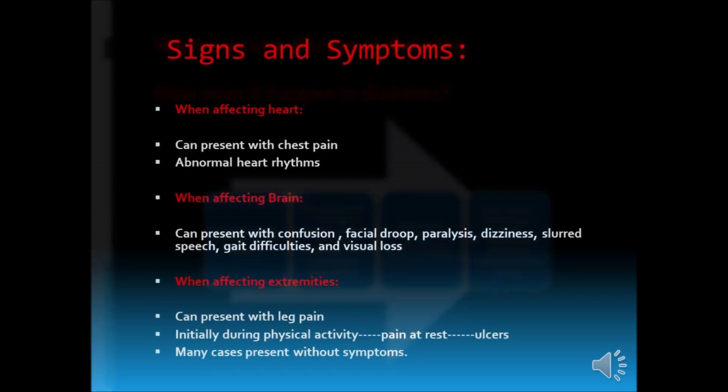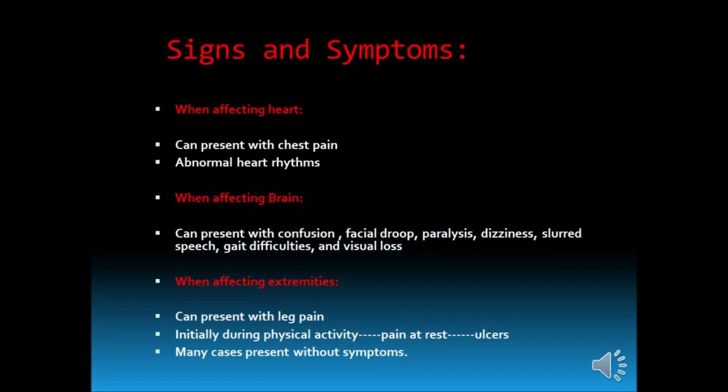What are the signs and symptoms associated with macrovascular complications? Meaning, how do they present? When affecting the heart, can present with chest pain or abnormal heart rhythms. When affecting the brain, can present with confusion, facial droop, paralysis, dizziness, slurred speech, gait difficulties, and visual loss.